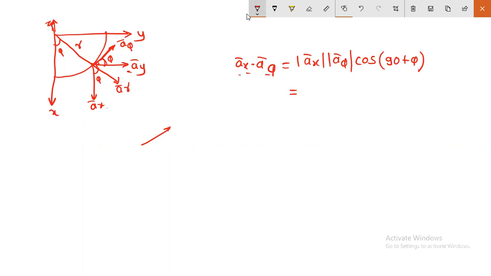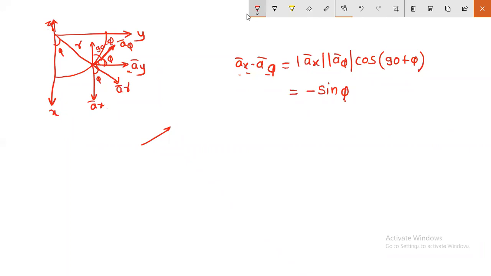Cos 90 plus phi is minus sin phi. Similarly, if you take this direction, okay, then this angle is 90 minus phi.